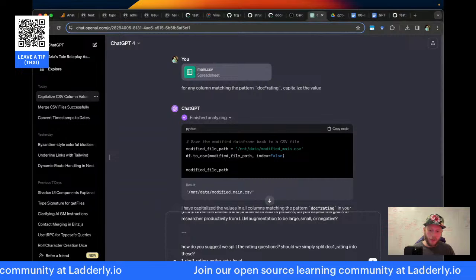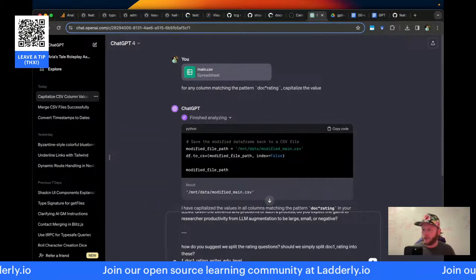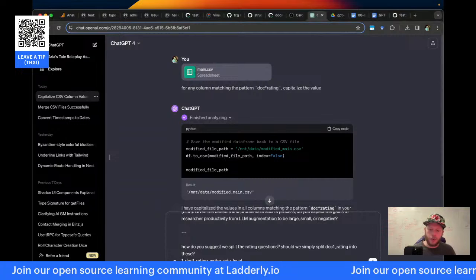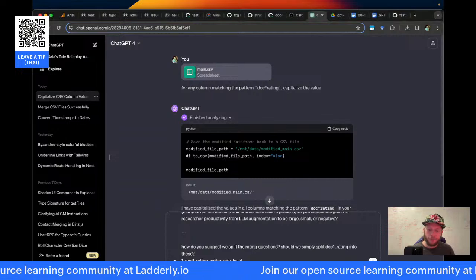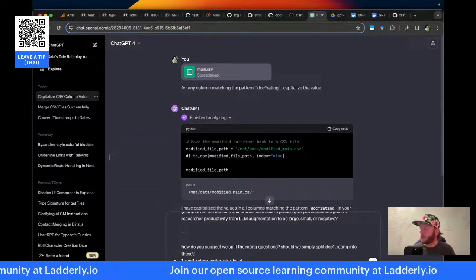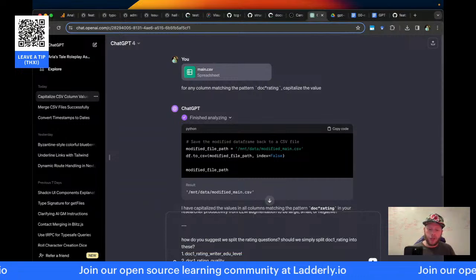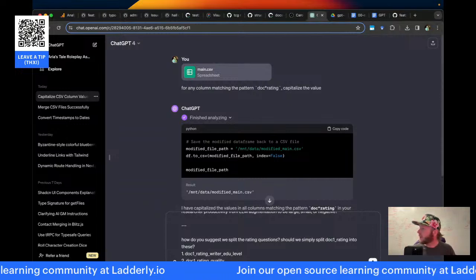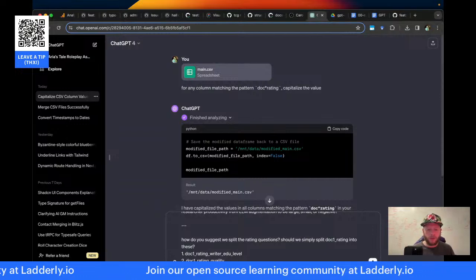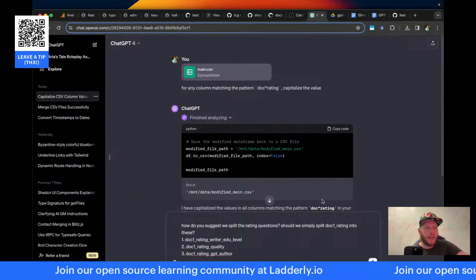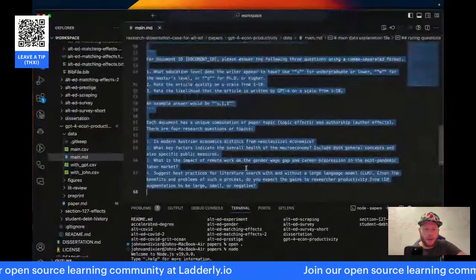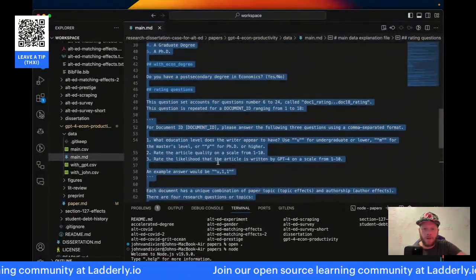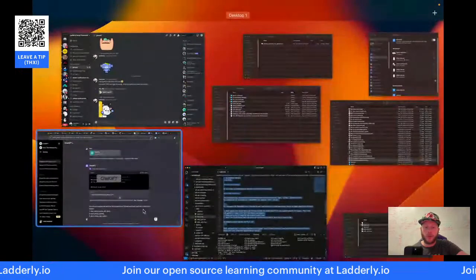I think this is what I want to do, unless the GPT pushes back with a compelling reason. I'm going to split it this way: Doc 1 rating quality, Doc 1 rating GPT author. Did I ask about written by AI or ask about written by GPT? I did, specifically GPT-4.